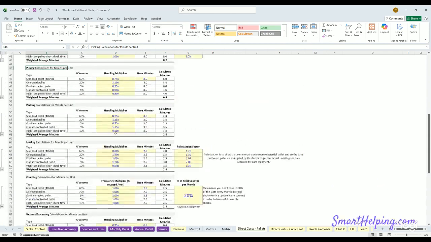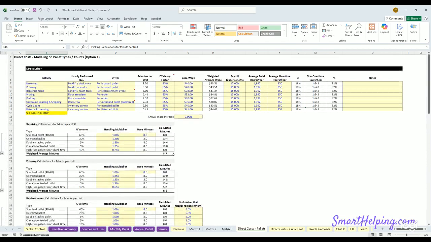So you can define that by pallet, and then we do pull the weighted average here to plug into the total, which will then apply to our total amounts. So for receiving, it's per inbound pallet, 8.7 minutes per pallet.